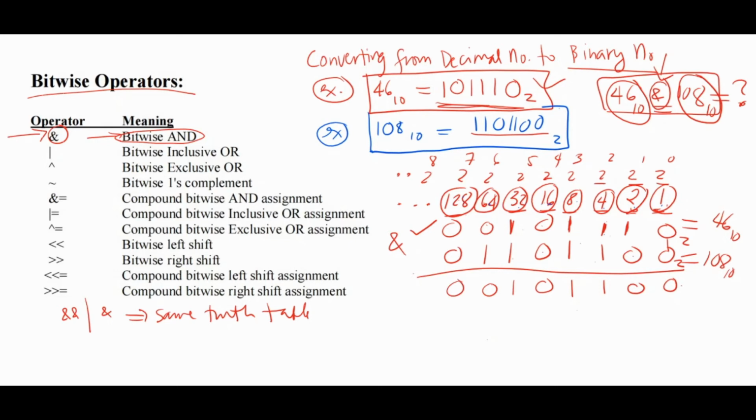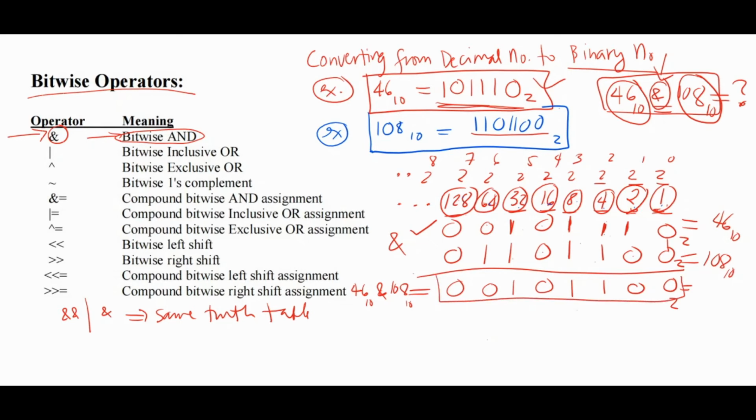Okay, so this is now the binary number result of 46 base 10 AND 108 base 10. So what is the decimal value of this binary number?